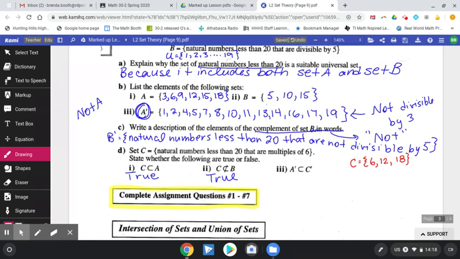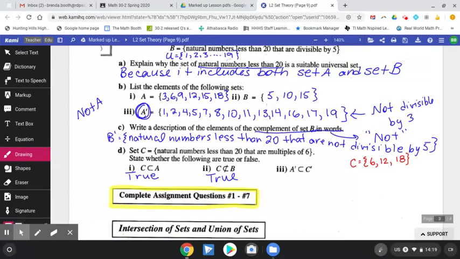And then part 3, the complement of A is a subset of the complement of C. So complement of A we have right up here. So if all of these numbers belong to the complement of C, then this would be a true statement.